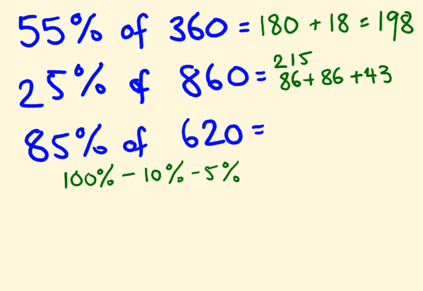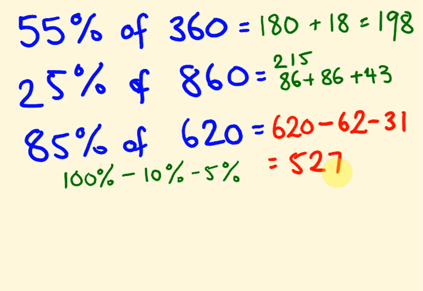So we're still going to start with 620, and we're going to take away 10%, which is going to be 62. 620, take away 62, and then we're going to take away half of this, which is 31. All up, you might think 62 and 31 is 93. So 620 take away 93 is 527.